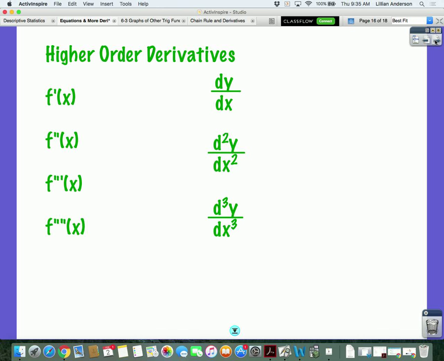You have your third derivative, which goes with that one. So basically, the higher up you go, the more primes you have. Once you get past 4, which you really don't see, they'll represent it with a number. So once you find the fifth derivative, it would be f5 of x.